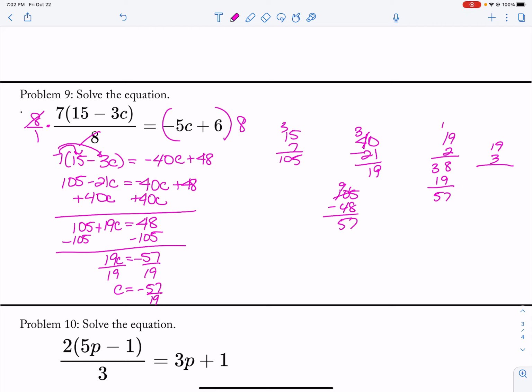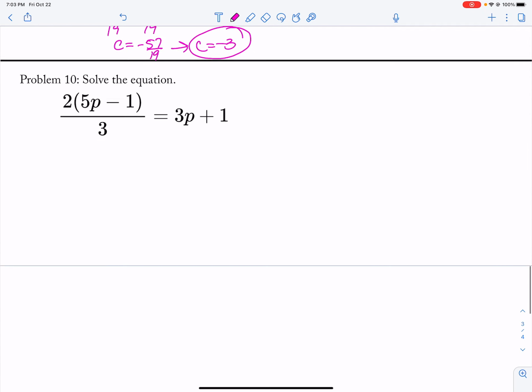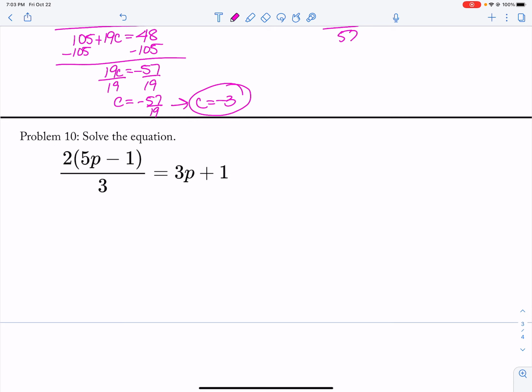So 19 times 3 is 57, which means that c is equal to negative 3. Okay, that's how I go about seeing if I need to reduce something. I know that 19 is prime, so does 19 times something give me 57? Okay. Another cross multiplication problem, and then that is it for this problem set. So this was just a review of solving equations.